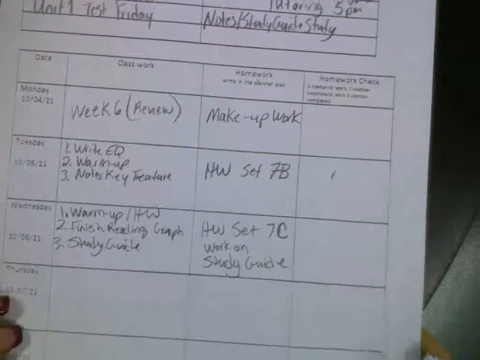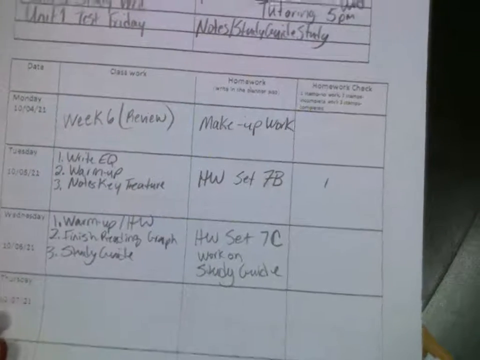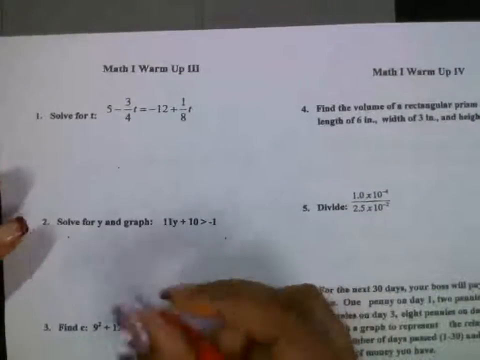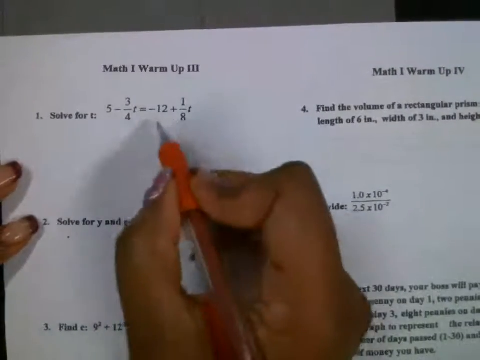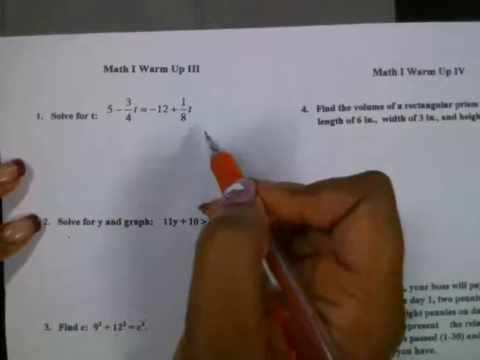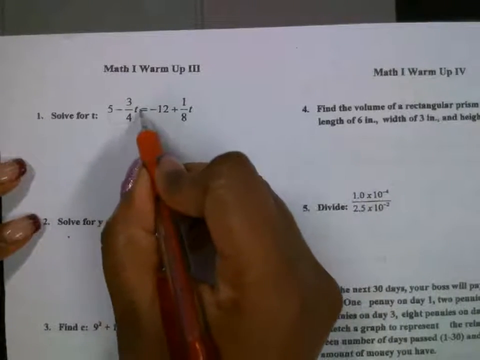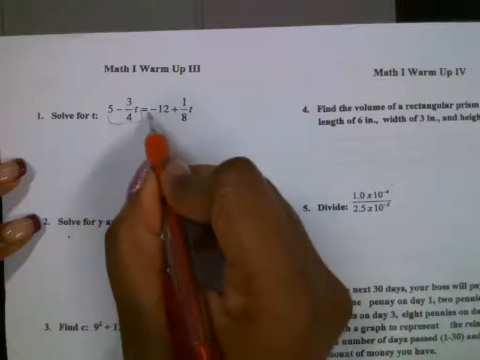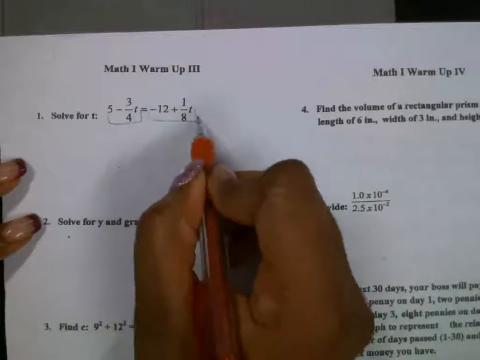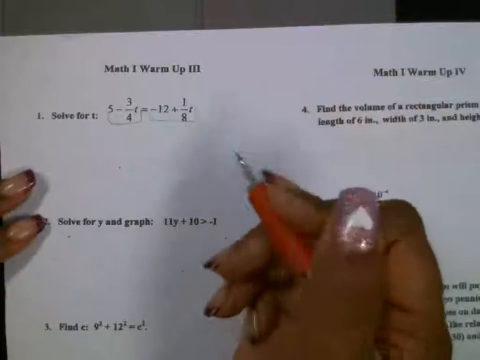All right. Let's look at the warm up to make sure we know how to do that. Okay, good people. Here we don't have distributive property. We can't combine anything over here together because they're not like terms, nor are these like terms. So we have to move the variables to the same side.